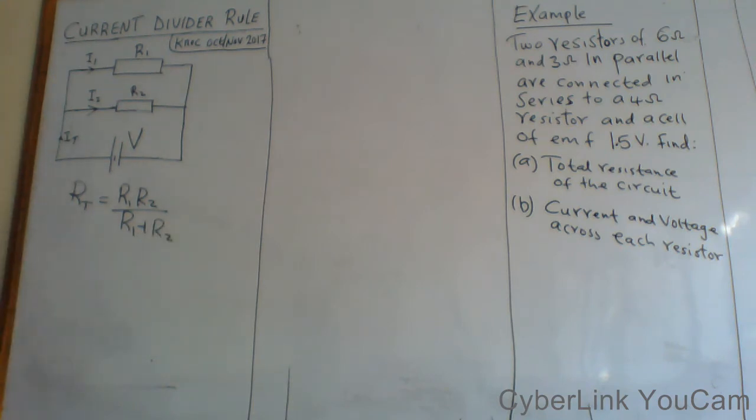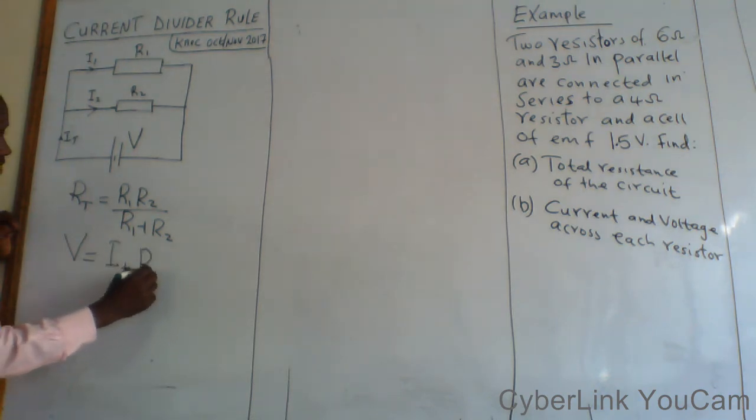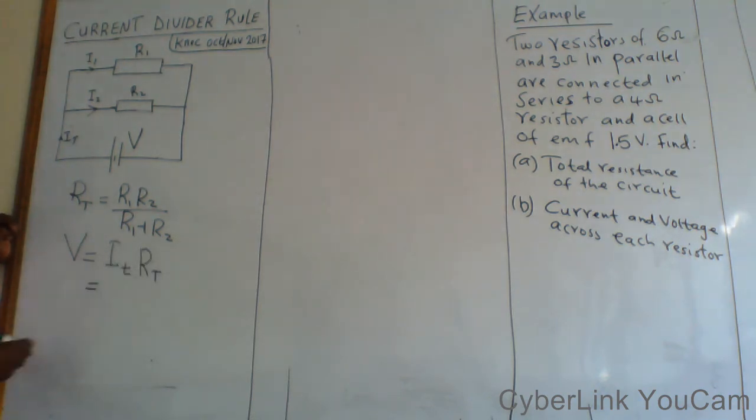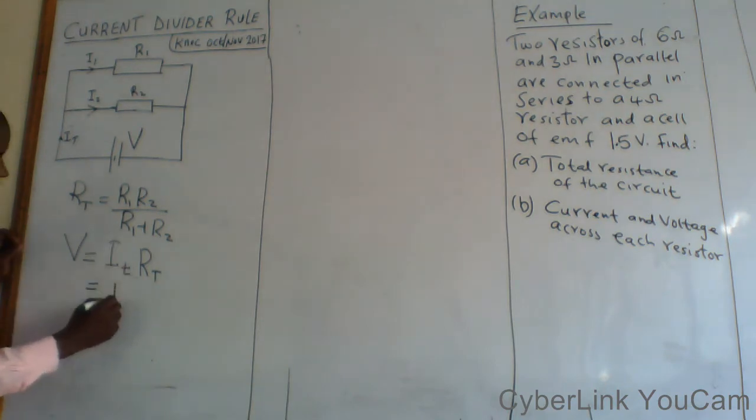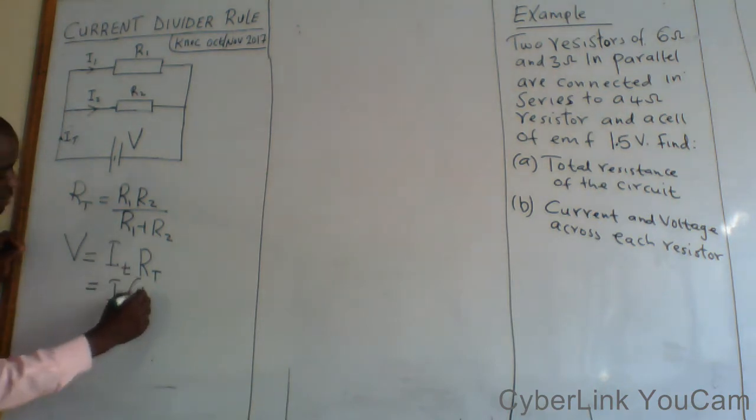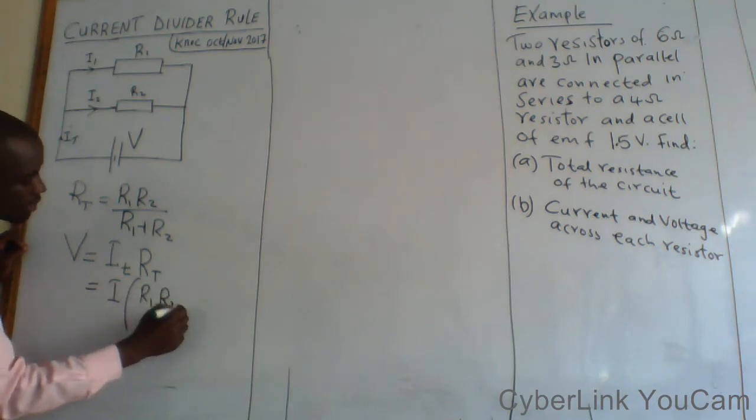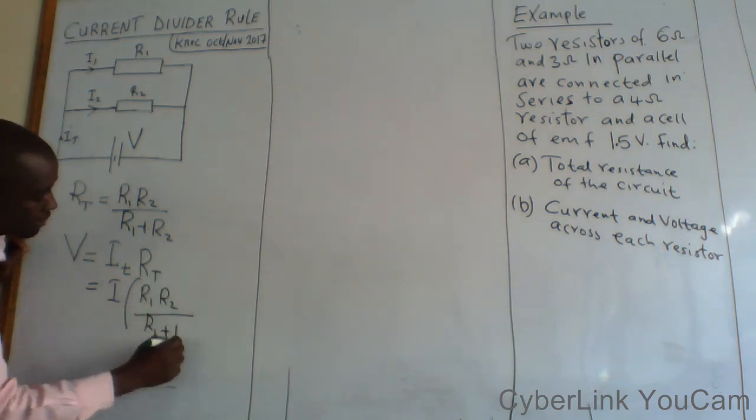That is the total resistance in the circuit. We'll again get the total voltage. The total voltage in the circuit will be given by the total current IT multiplied by the total resistance RT. The total current is given as IT, and the total resistance is R1 R2 divided by R1 plus R2.